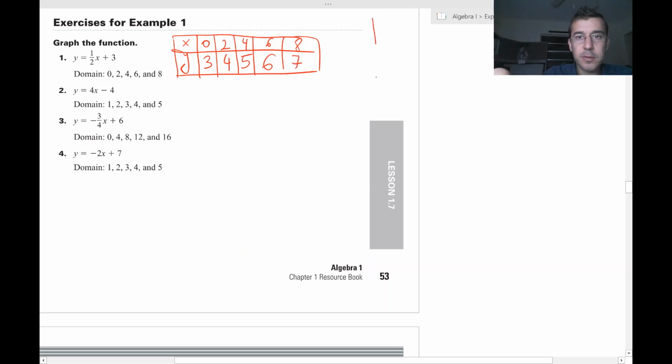So if you plot these points on the graph, this is 0, 0, then we have 1, 2, 3, 4, 5, 6, 7, 8, then we have 1, 2, 3, 4, 5, 6.